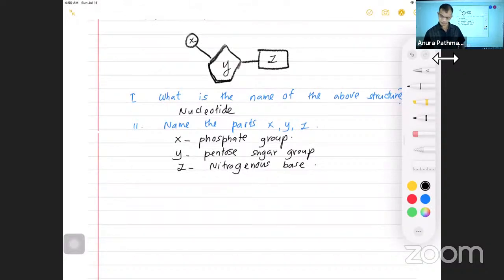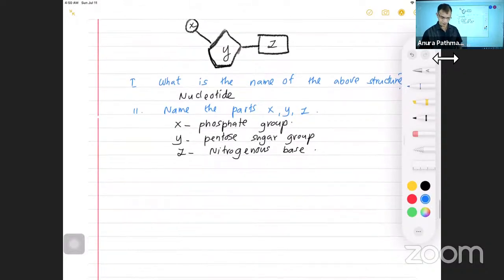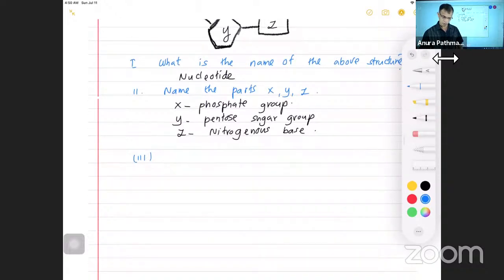And next question, third one. What is the structural unit of DNA?